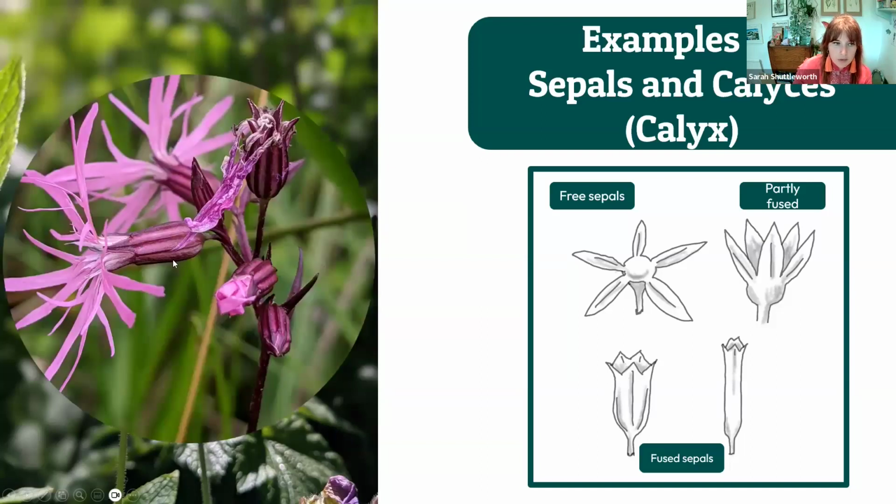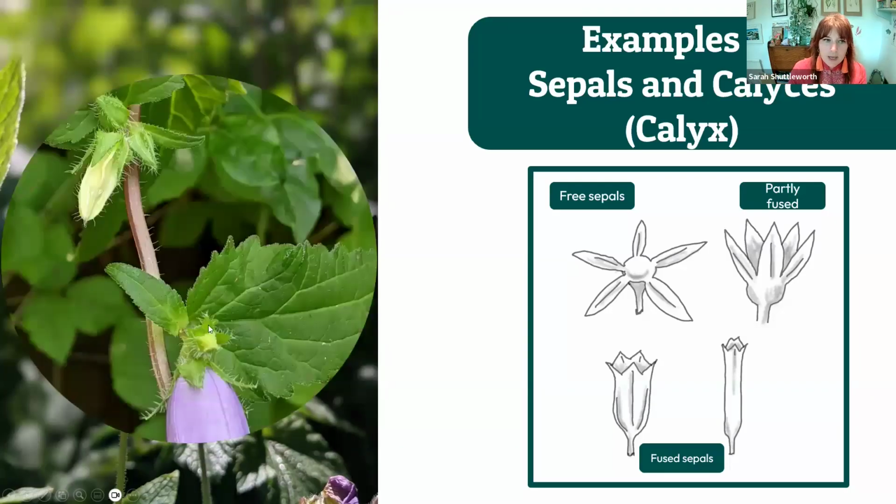So, for example, this one on the ragged robin, we've got this ridged unit that then splits into these triangle shapes, which everyone's more familiar with as being the sepal, but the whole thing is all made up of that sepal-like material. So that would be referred to as a calyx or a calyx tube that then has these triangular teeth at the end. So that whole thing is the calyx.